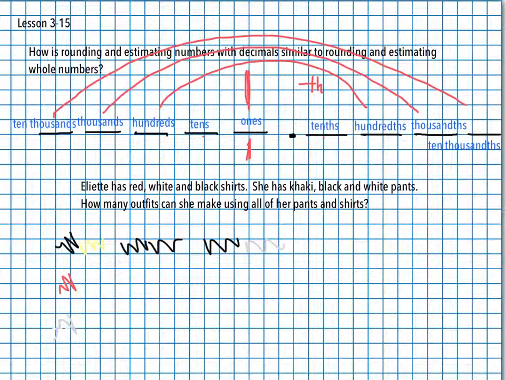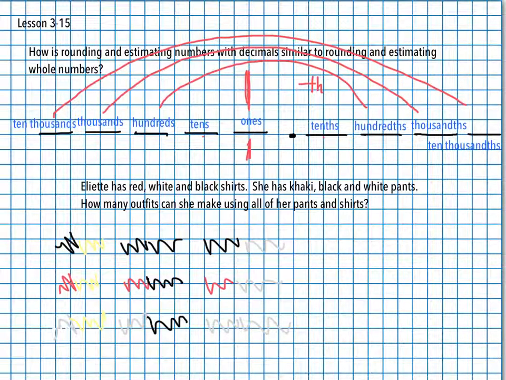So that's 3. Then we have red: red with khaki, red with black, and red with white. Then we have white with khaki, white with black, and white with white.